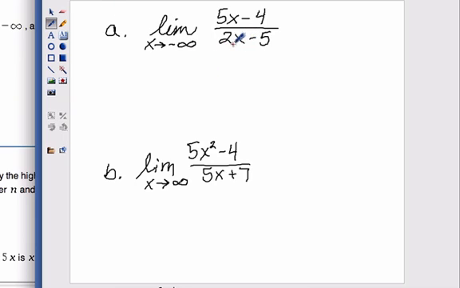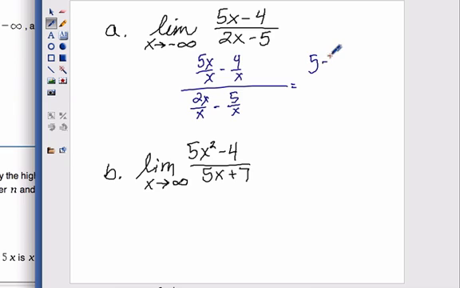Okay, so in this one, part A, we need to look in our denominator. The biggest power of x is x, so we're going to divide everything by x. So 5x over x minus 4 over x, over 2x over x minus 5 over x. And that's going to give us 5 minus 4 over x over 2 minus 5 over x. Now what's happening as x gets closer and closer to a negative value?